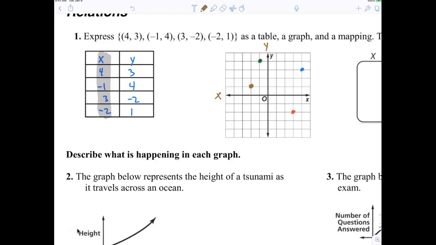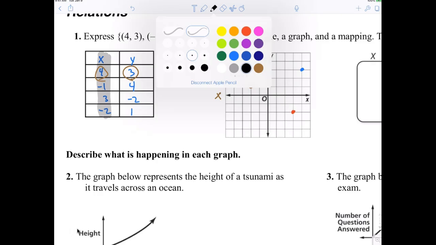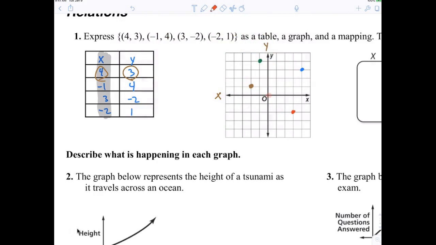So if I want to graph 4, 3, I go to the right 4, 1, 2, 3, 4, and then I go what? Up 3. That's all there is to it. You always move left and right first, then you move up and down second. Now go look at all those points and make sure you got that.